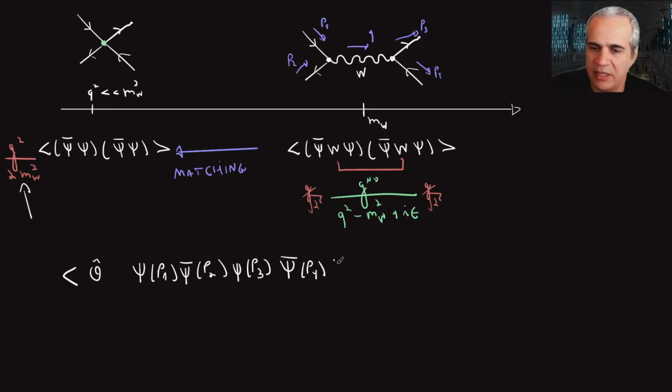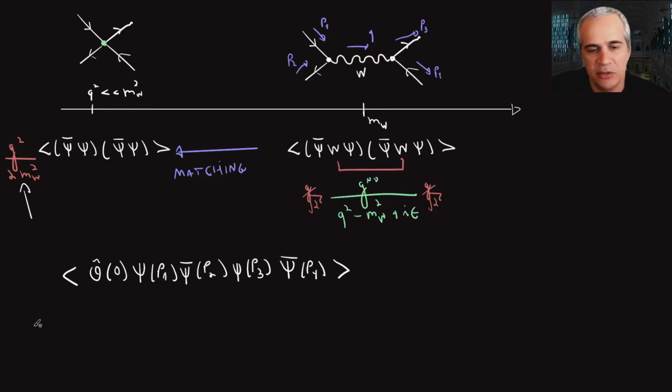But in this particular case, there's no external momentum being injected, so I'll just put a 0 here, because there's no external anything to inject momenta. So it's a particular case. In some cases, these local operators can inject momentum in my matrix element, or in other cases, they don't.